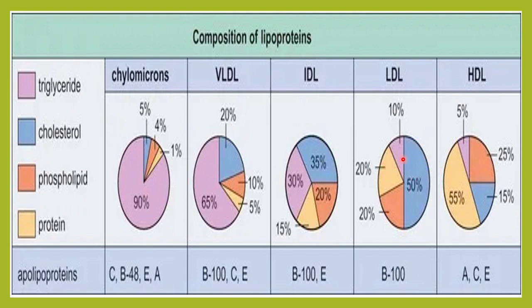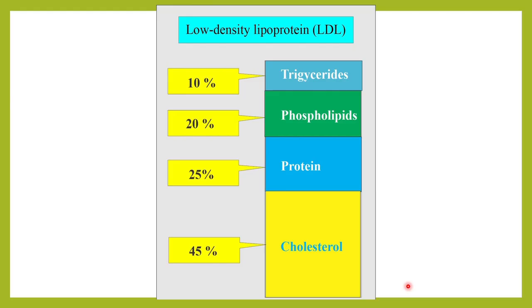The main component here, 50%, is cholesterol, and the apolipoprotein here is B100. So this is the composition: almost 50% cholesterol, 20% protein, 20% phospholipids, and triglyceride around 10%.